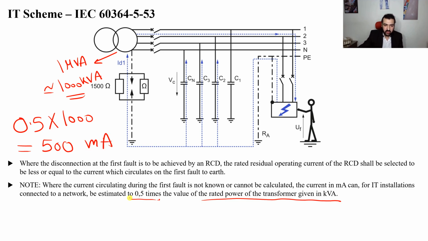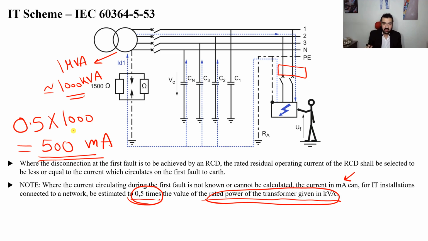So 0.5 multiplied by your rated power gives you current in milliamperes. So if I have a 1 megavolt ampere transformer, the leakage current is 500 milliamperes. So this is the current during the first fault. So if I put an RCD, I have to make its value 500 and above, or at least 500 milliamperes.